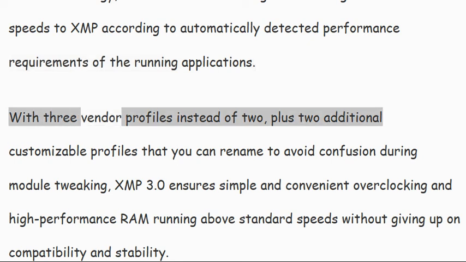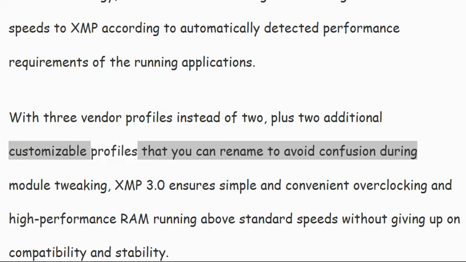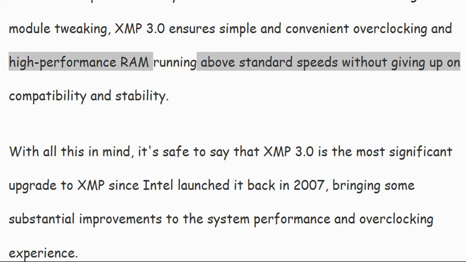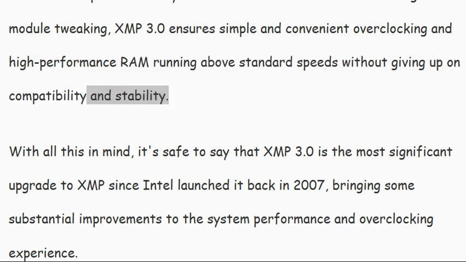With 3 vendor profiles instead of 2, plus 2 additional customizable profiles that you can rename to avoid confusion during module tweaking, XMP 3.0 ensures simple and convenient overclocking and high-performance RAM running above standard speeds without giving up on compatibility and stability.